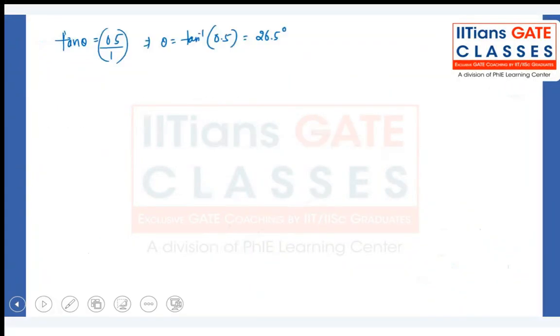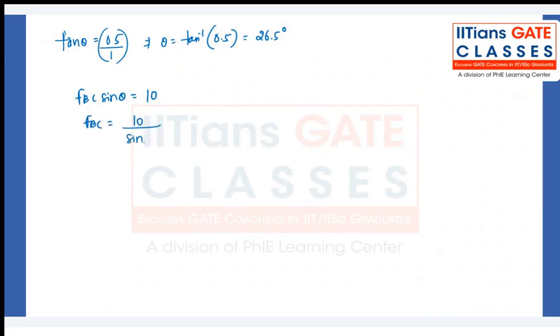So FBC sine of theta has to be equal to 10 kilonewton. So FBC is equal to 10 divided by sine of 26.5 degrees, which is almost 22.36 kilonewton. That is the force in the member BC.